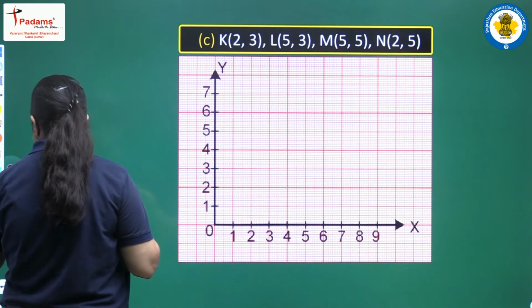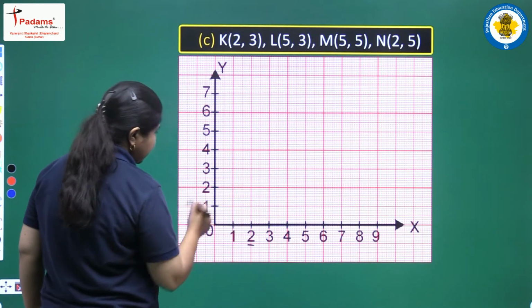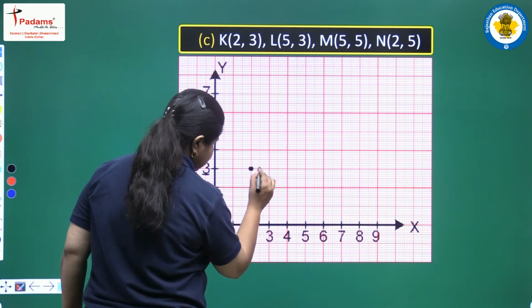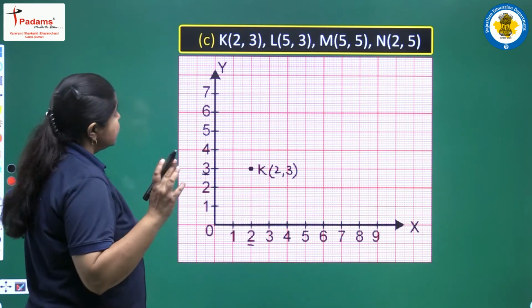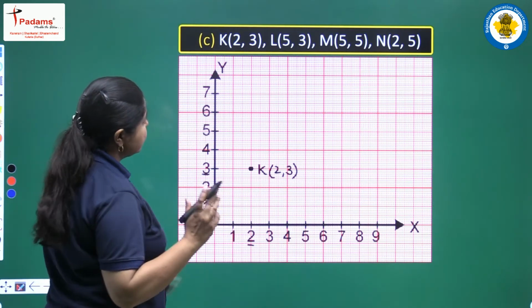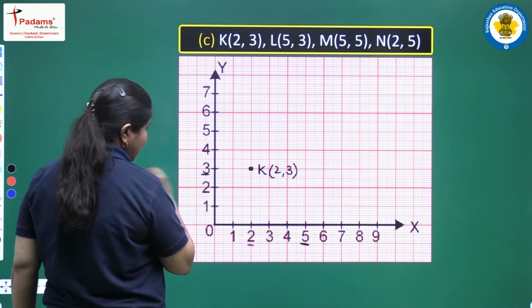For this again we need to plot these points K with coordinates 2, 3, 2 on x axis and 3 on y axis. So this will be the point K here. We have already drawn the axis here to save time. Then we have L, 5, 3, L, 5 on x axis and 3 on y axis.